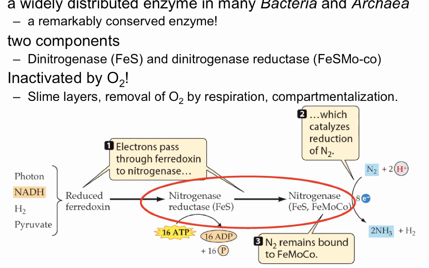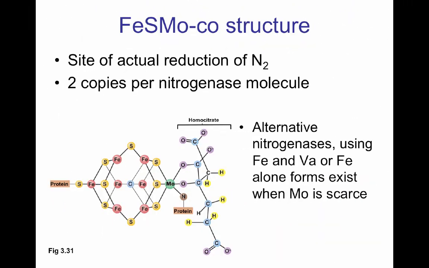It's going to use the energy of 16 ATPs in order to catalyze those reactions. Eventually, those electrons are going to pass to the nitrogenase enzyme portion that has the iron, molybdenum, and sulfur complexes. That part of the reaction, using 8 electrons, is now going to catalyze the fixation of nitrogen, where nitrogen will be taken in and produce 2 ammonia molecules.